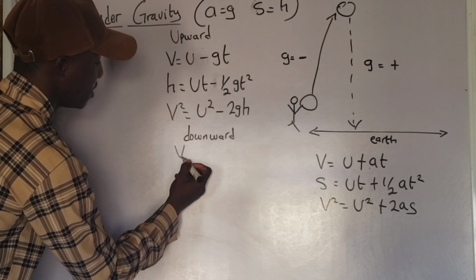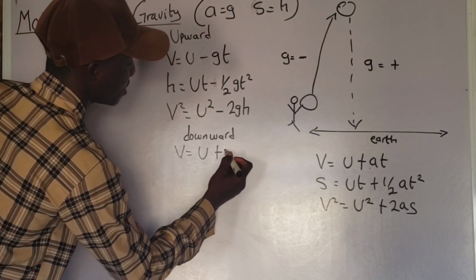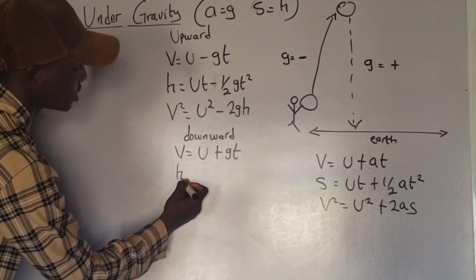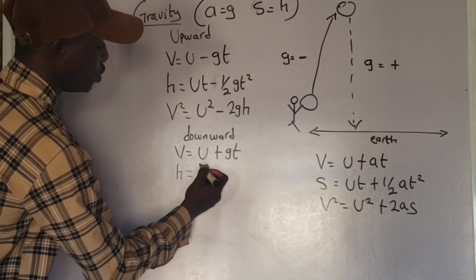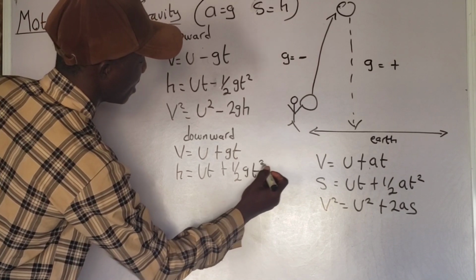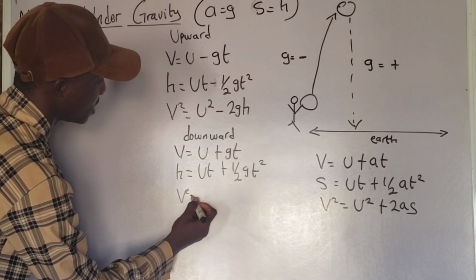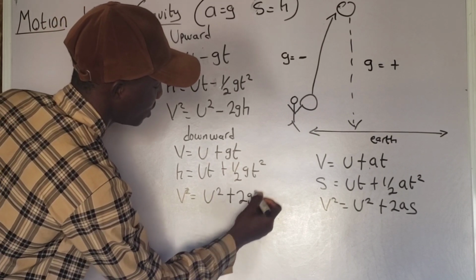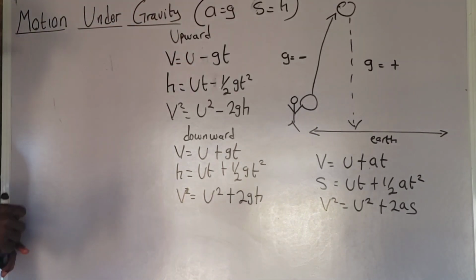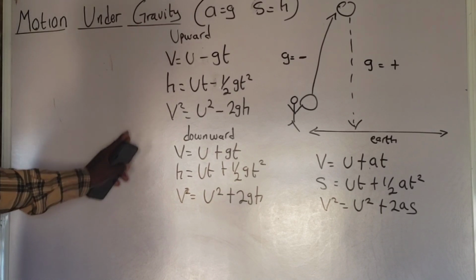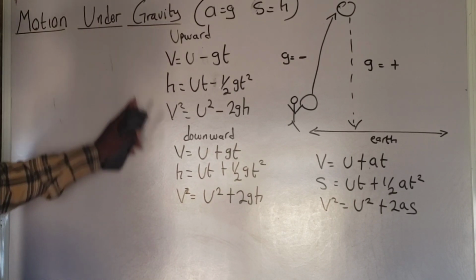So I'm going to have v equals u plus gt. The second equation will become h equals ut plus 1 over 2 gt squared. And the third equation will become v squared equals u squared plus 2gh. So I just explained the conditions of motion under gravity.